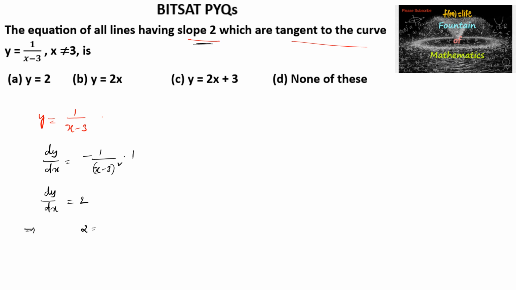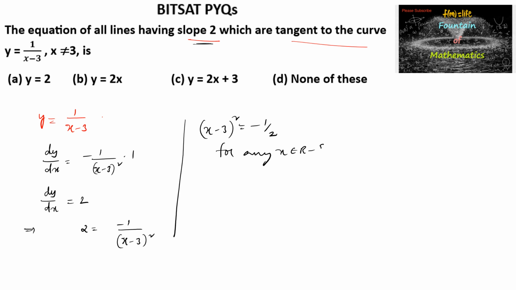So we can write 2 is equal to negative 1 upon x minus 3 whole squared, or we can write x minus 3 whole squared is equal to minus 1 upon 2, which is not at all possible. For any x belonging to R minus 3, x minus 3 whole squared is always greater than 0, which is positive, but the other side is negative 1 by 2.